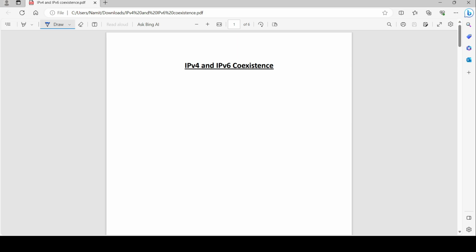When we talk about migration towards IPv6, how is it done? How is a device that is operating on IPv6 able to communicate with a device that is operating on IPv4?